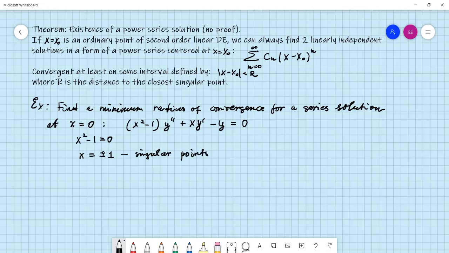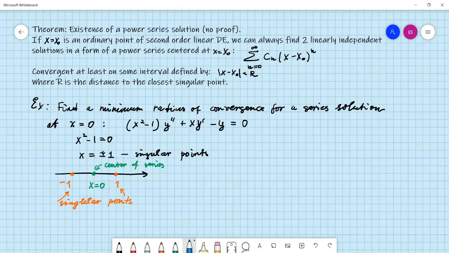Right? The theorem tells us that the radius of convergence is going to be the distance to the closest singular point. Well, how do we find this distance? First, we are going to graph the point where we search for a solution, the center of my series, x equals 0. Second, I'm going to graph two singular points, that's minus 1 and plus 1. I'm going to label singular points and the center of the series.